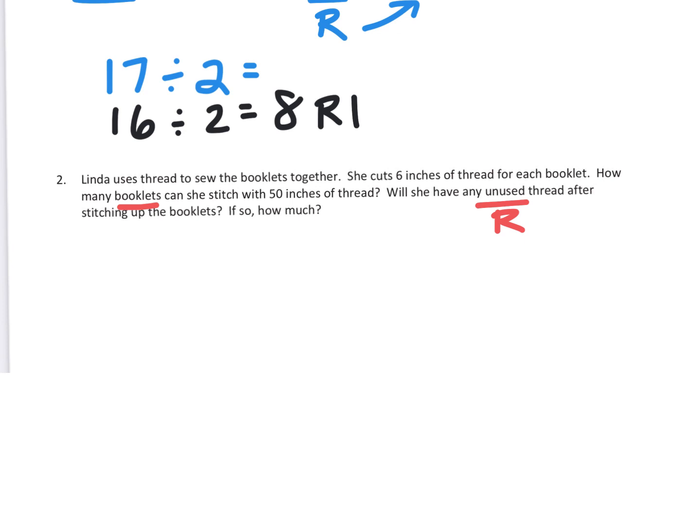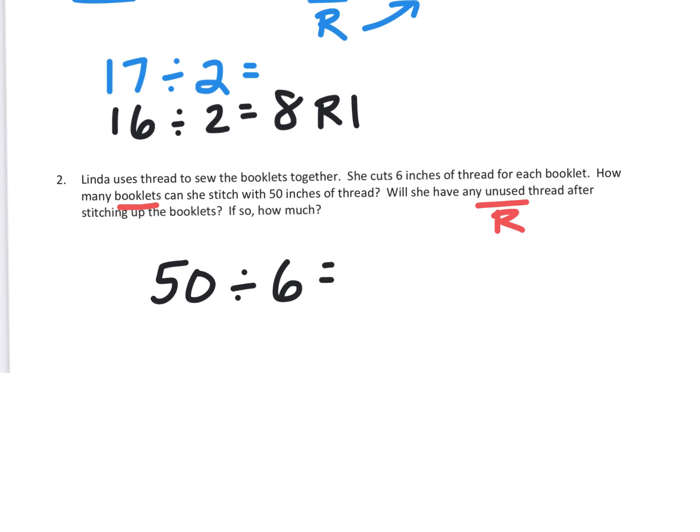Well, looking back at the information, she's got 50 inches of thread, and she needs 6 inches for each booklet. So she's going to have to see how many 6-inch pieces she can get out of 50. So she's going to take her 50 and divide it by 6 inches.